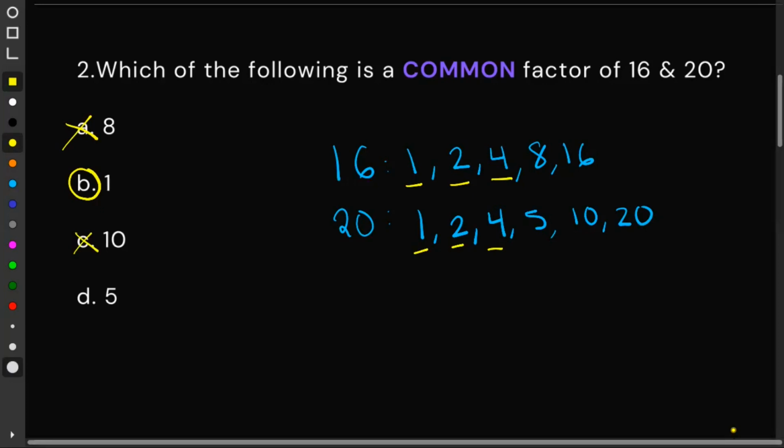And the same goes with 5. So we have found that the answer for this problem is 1. And in fact, note that 1 is always a common factor among any given numbers.